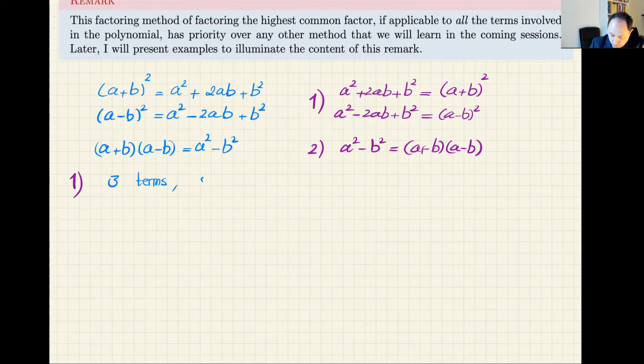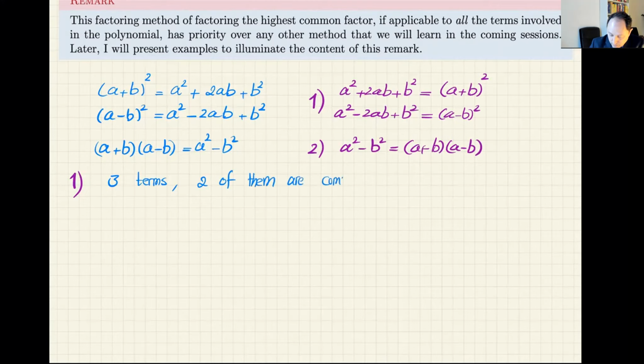Yes, 2 of them are complete squares. And the important thing is that the middle one is 2 times the square root of one of them times the square root of the other one.